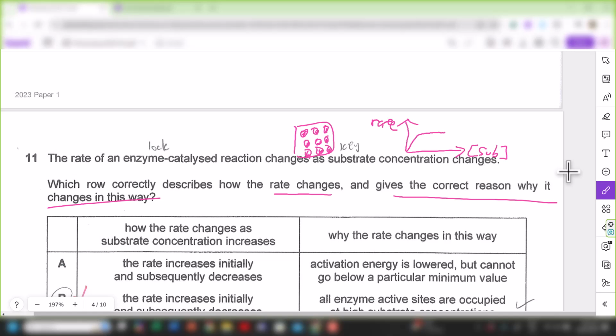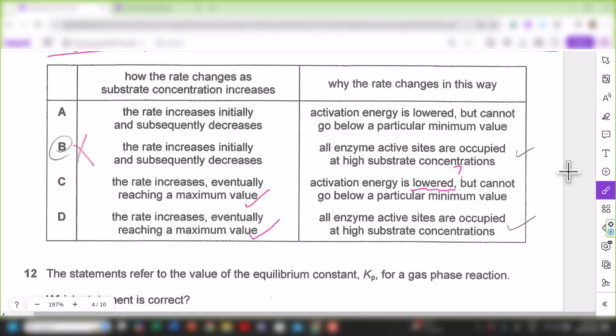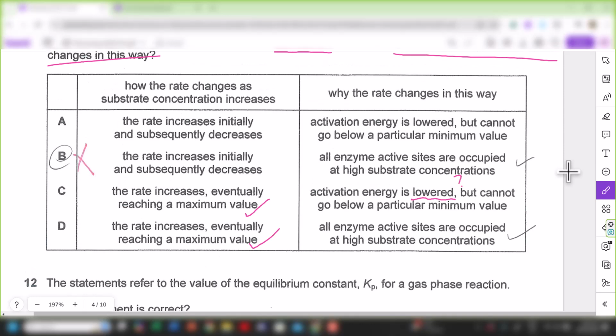So that is when you have the maximum rate of reaction. The maximum rate occurs when the enzyme active site is saturated. So I think option D will explain that the best, because all enzyme active sites are occupied at high substrate concentration. I think that's summing up in a simplistic manner, but it works for an MCQ question.